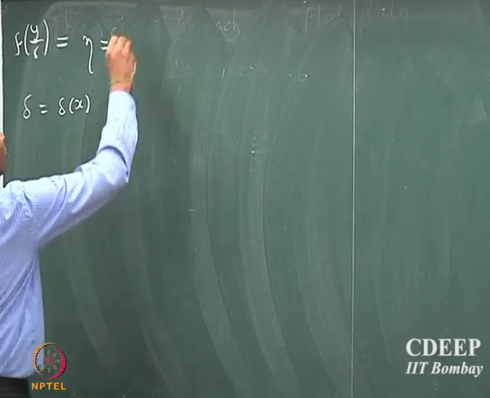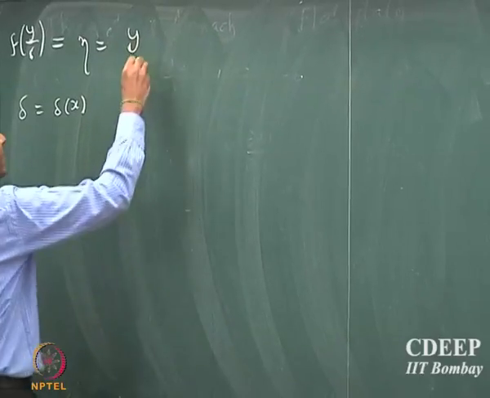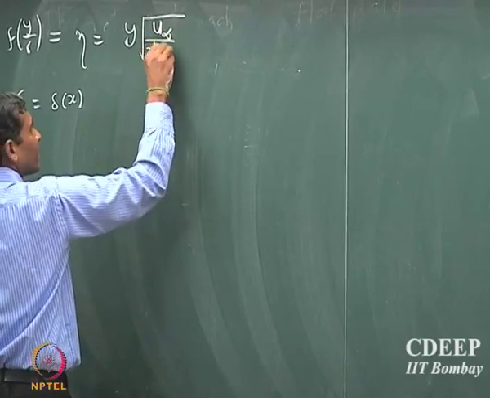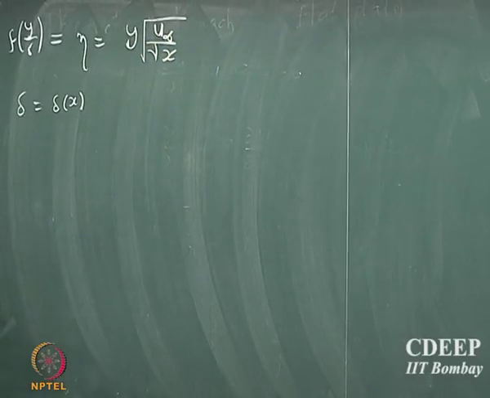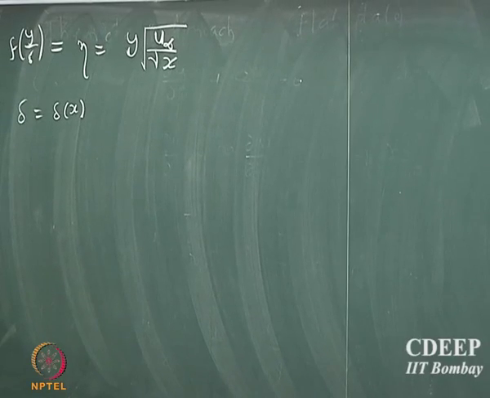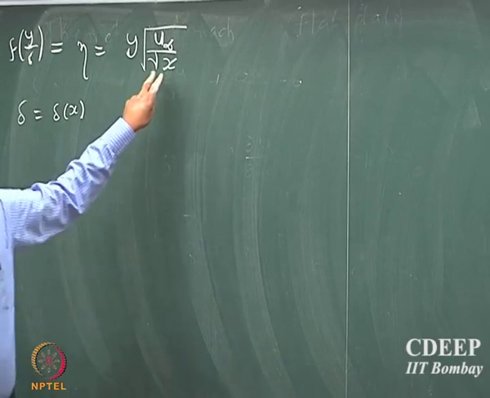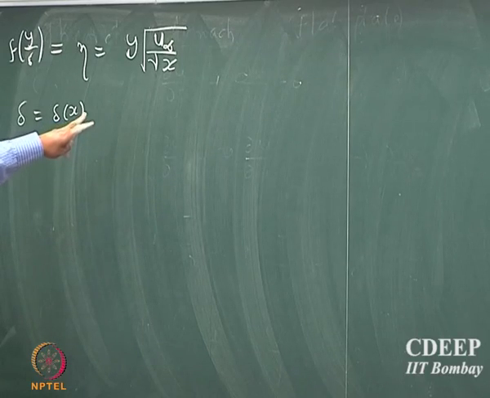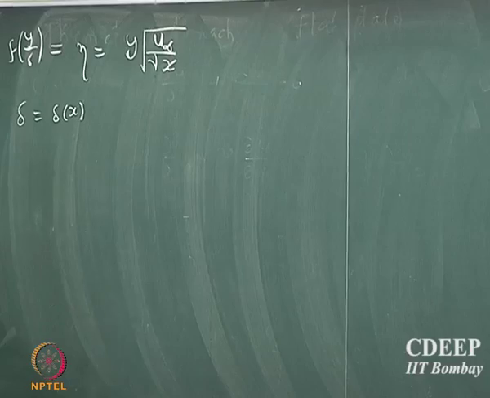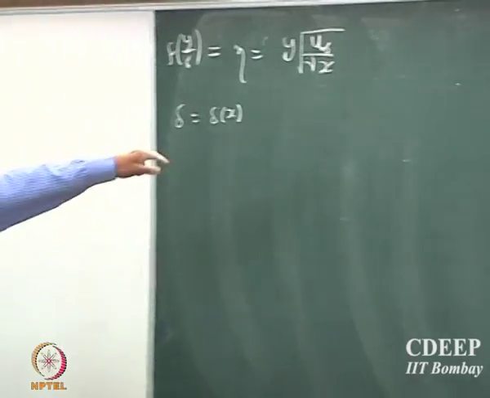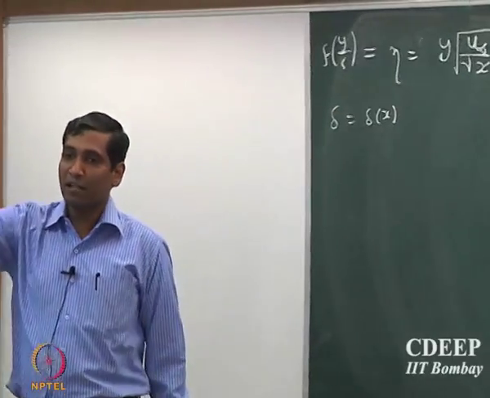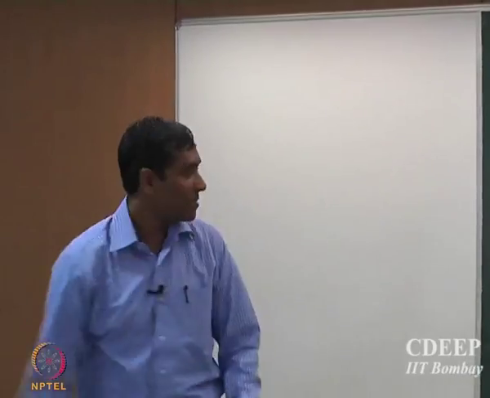So you define a new quantity, eta, which is y times square root of u infinity by nu x. It's not by magic that he came up with this approximation. It is after several trial and errors that he found this is the correct scaling that you have to use. In fact, you will see in a short while why that's the correct scaling, when we find out the boundary layer thickness at different locations.